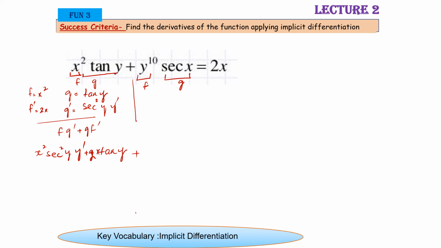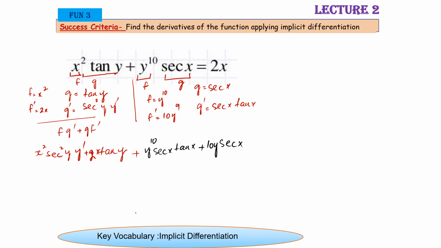Again apply the rule: your f is y to the power 10, your f prime will be 10y to the power 9, your g is secant x and your g prime is secant x tangent x. So now let's continue. f g prime, f meaning y to the power 10, g prime, that is secant x tangent x, plus g f prime, g is secant x and f prime is 10y to the power 9, equals the derivative of 2x, which is 2.